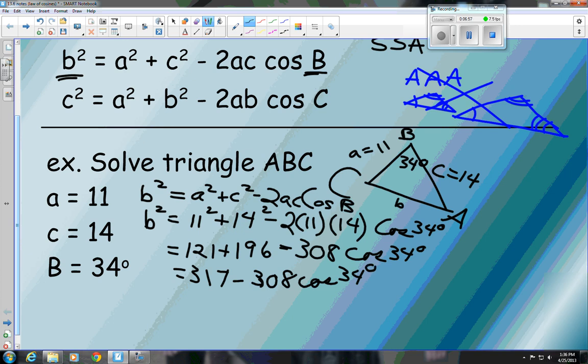So now when you enter this in your calculator, you can say 317 minus, be sure you put parentheses, 308 cosine 34 degrees, enter. What do you get? Give me to the nearest hundredth. 61.66. Okay. Now that's B squared. Now don't round it. Leave that in your calculator.